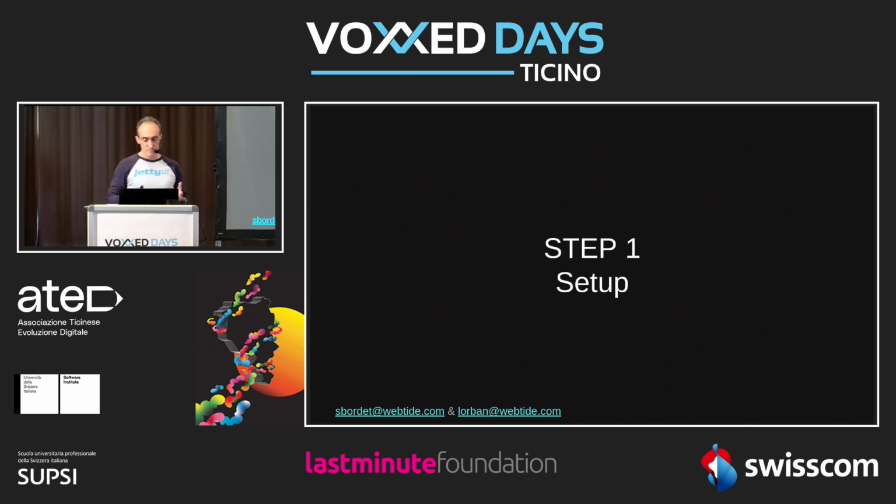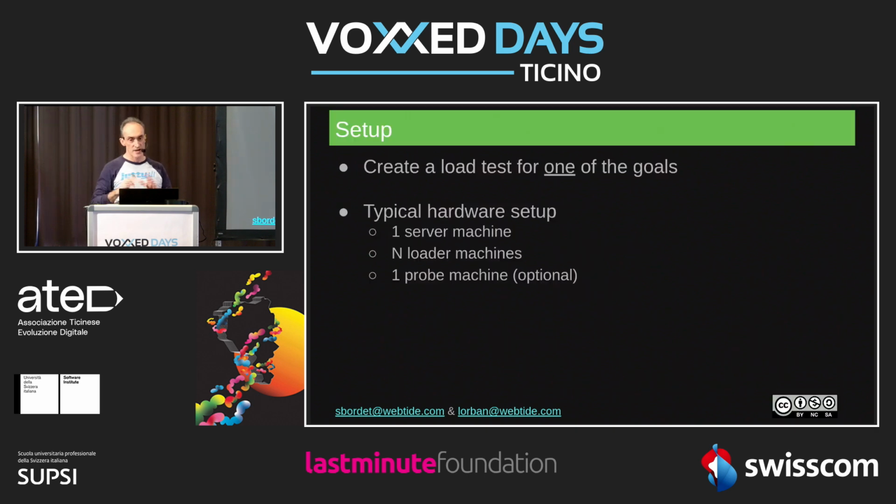So we're typically using these steps in order to set up a load testing for your application. The first important step is the setup. And this is probably the step that takes the most time out of it. It's really important to set up your load system in general in a very good way.